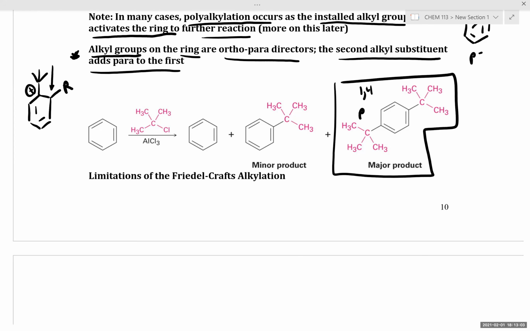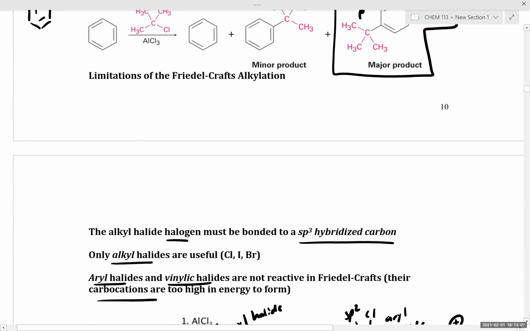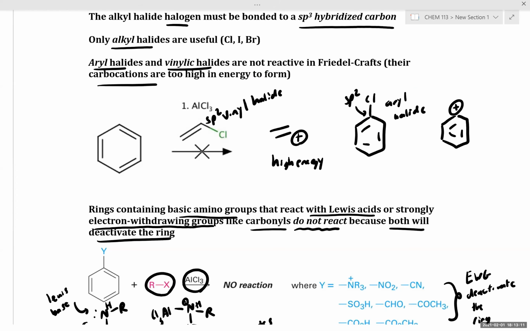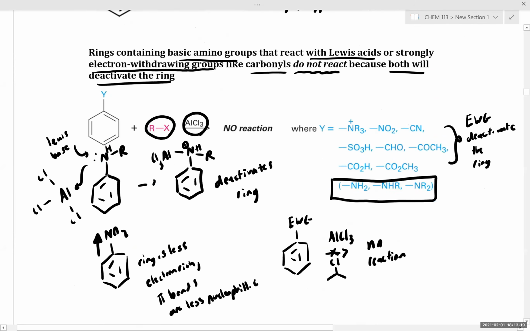Okay, so the three major limitations. First, we get polyalkylation. That's a problem. Vinyl and aryl halides aren't reactive enough electrophiles. You're not going to make an aryl or vinyl carbocation. And the third limitation is the aromatic ring cannot have an electron withdrawing group. It cannot be deactivated.